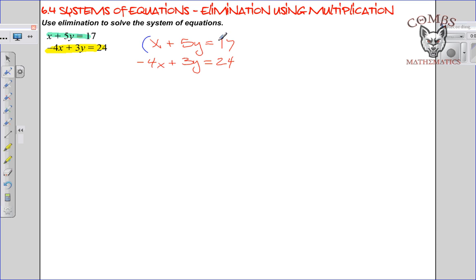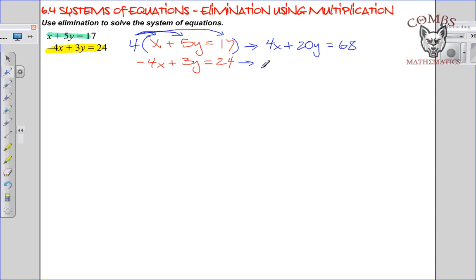So in order to keep our equation balanced, I have to multiply every term in the top equation by 4, which is basically using the distributive property. So 4 times x is 4x, 4 times 5y is 20y, and 4 times 17 is 68.